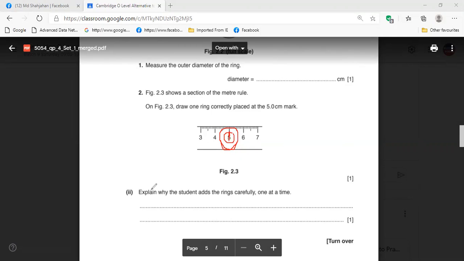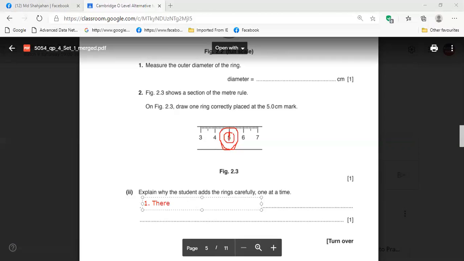Because, sir, there may be a turning effect, or the ruler may fall down.